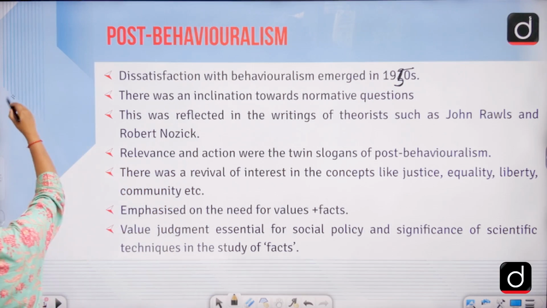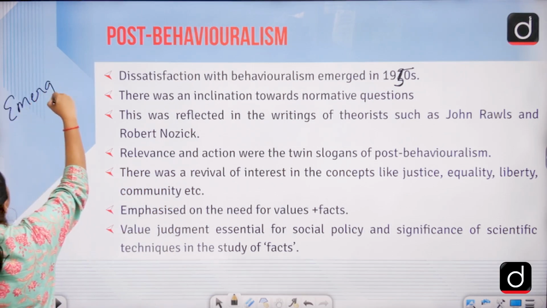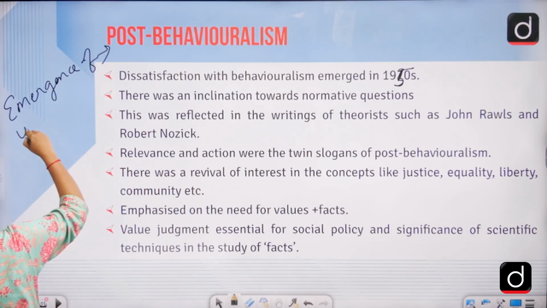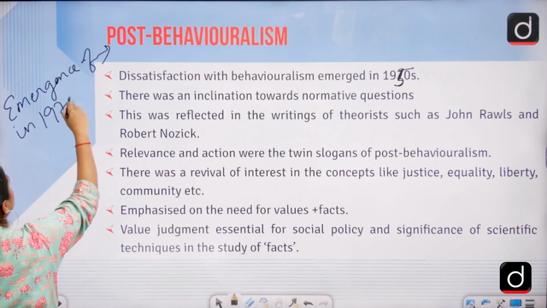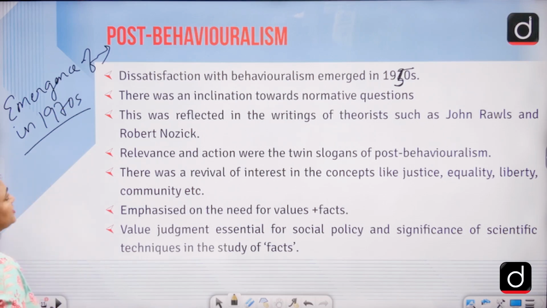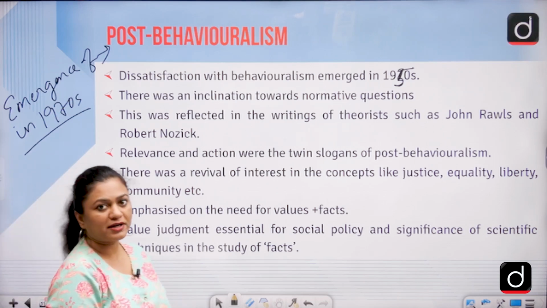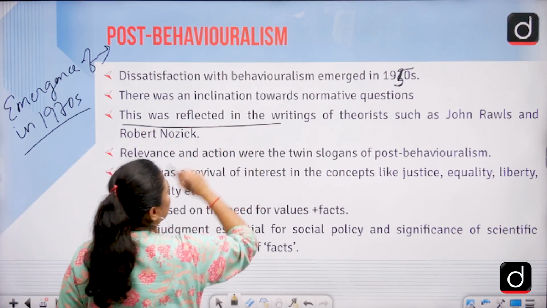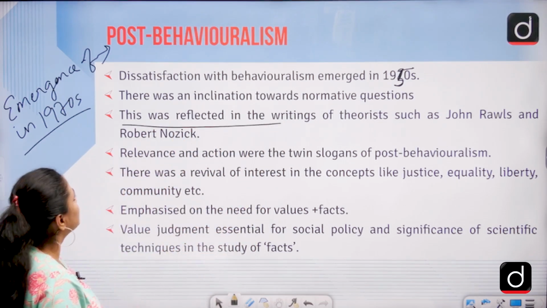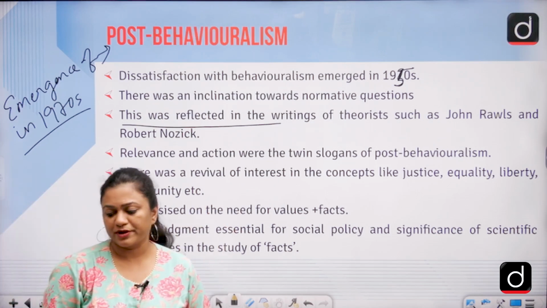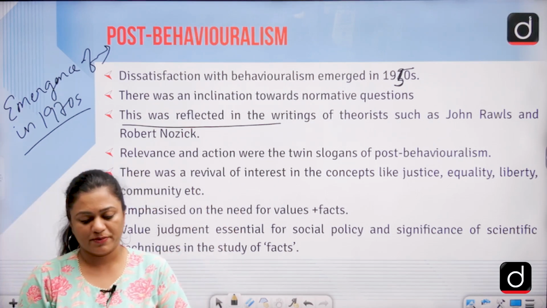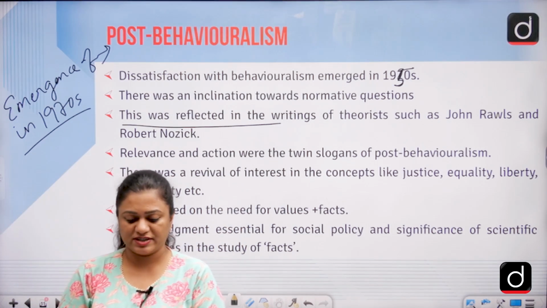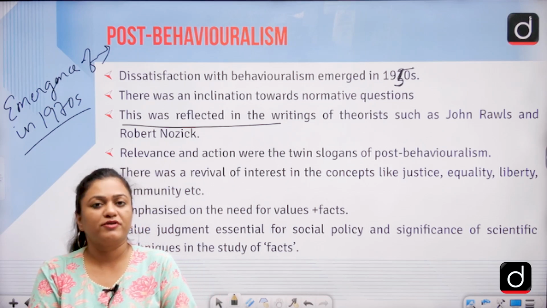So the emergence of post behavioralism in the 1970s precisely. There was an inclination towards normative questions, and this was reflected in the writings of theorists such as John Rawls and Robert Nozick, who invested much in moral philosophy.